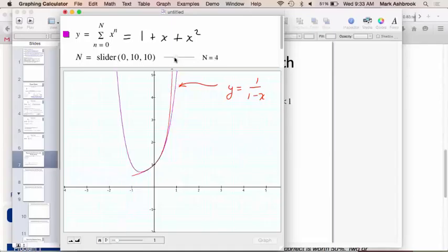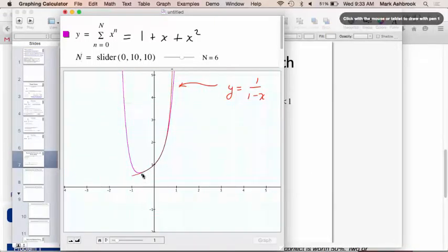So let's add another one here. That's the first 5 terms, up to x to the 4th. Then x to the 5th. X to the 6th. Okay, so now you can see for some interval here, from about 0.7 to about 0.8, it's black.